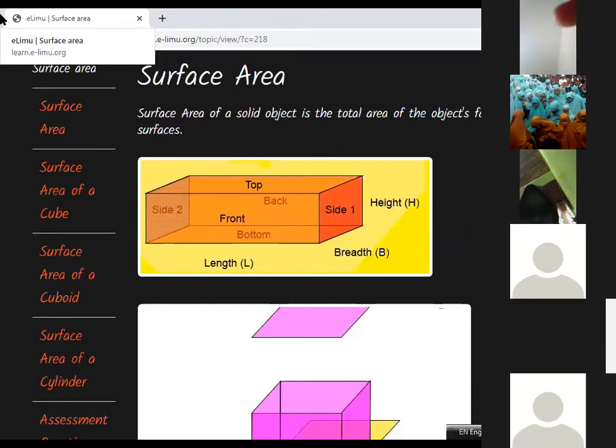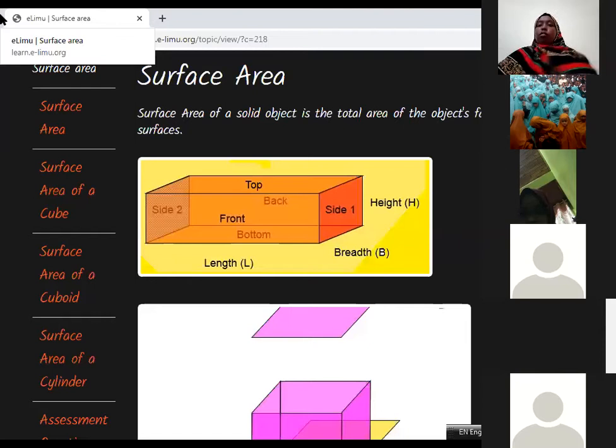3SC8H. Who is that? I'm marking the register. I don't know your name. You might be marked absent. Since you are not responding, let me just mark the rest.